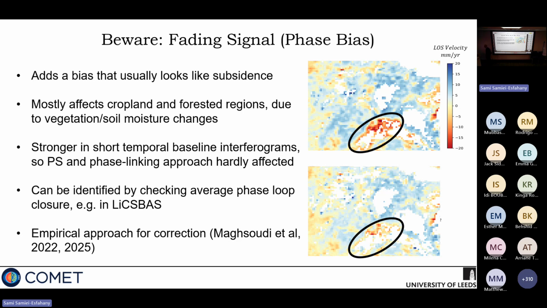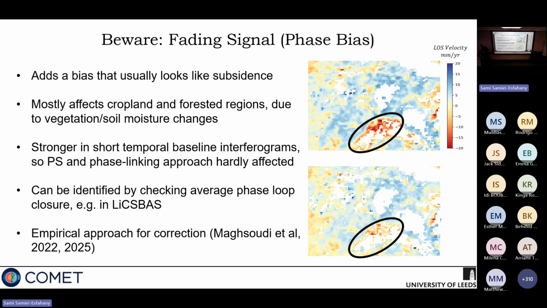You could do this phase linking. It's more intensive in terms of processing, but it largely avoids this problem. But there are other approaches too. If you have used LiCSBAS, there's an empirical correction approach that could be used to actually reduce that.